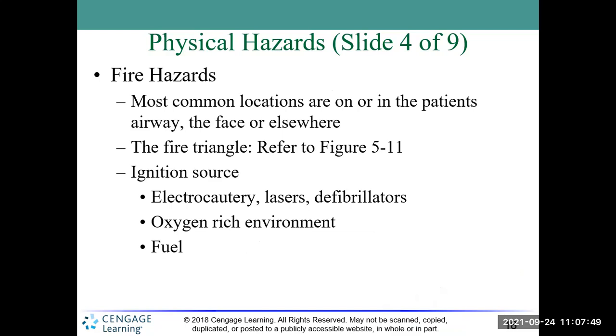Common locations on or in the patient for a fire is the airway. And you have to think about the amount of compressed oxygen and air that is going through the airway during a case. And so that's a really large risk there. The face is another one, and elsewhere as well.